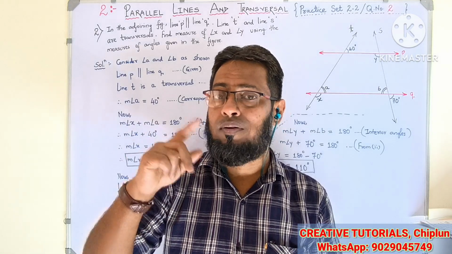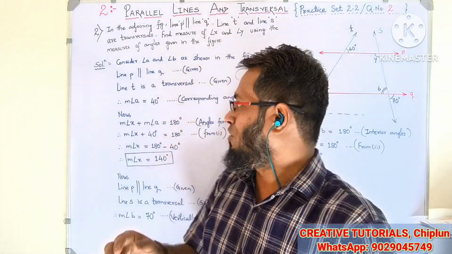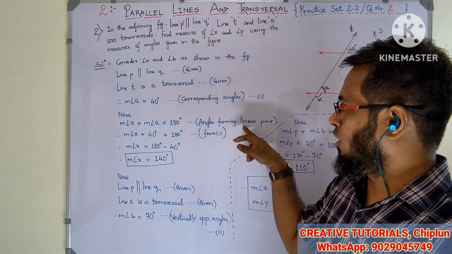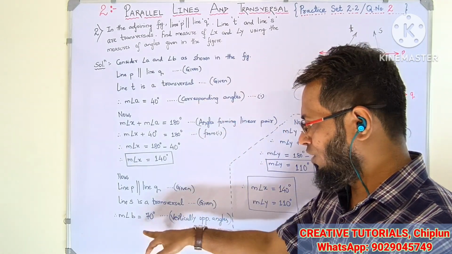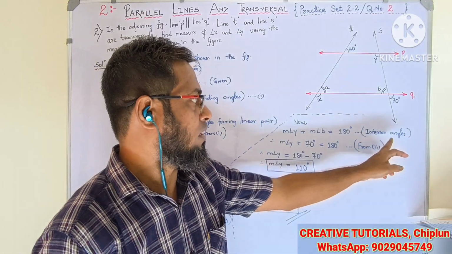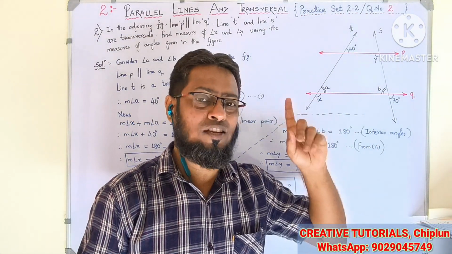The properties made by two parallel lines and one transversal, of which one we used here, that is corresponding angles, and then we got linear pair also from last year. Then when we came down here, we got vertically opposite angles, and then here also we got interior angles. This is again our third property made by two parallel lines and one transversal.